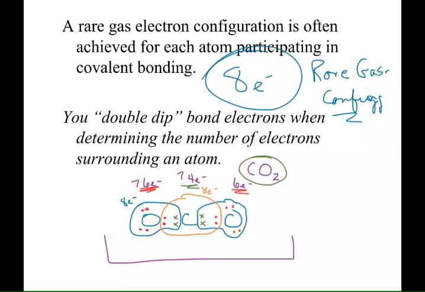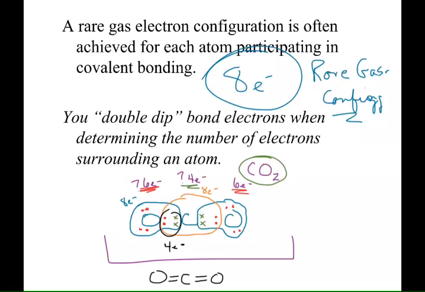One more thing I want to show you, and this will make sense soon in this part of lecture. I'm going to draw that structure as we would see it. We would see carbon, oxygen, oxygen, and because we have 4 electrons being shared here, 4 electrons means 2 chemical bonds, and each chemical bond is a line.